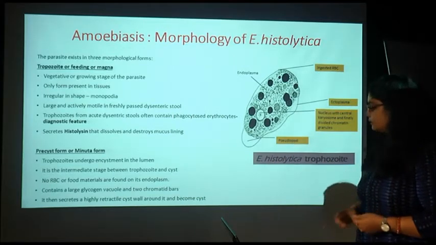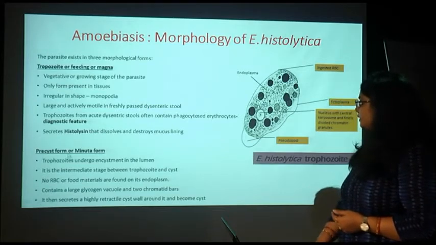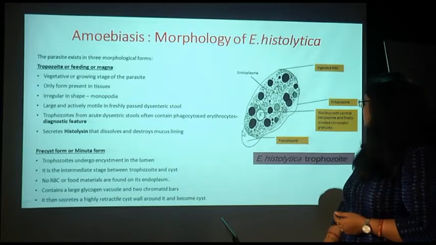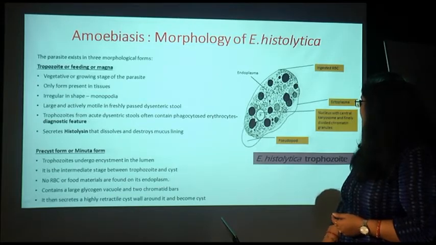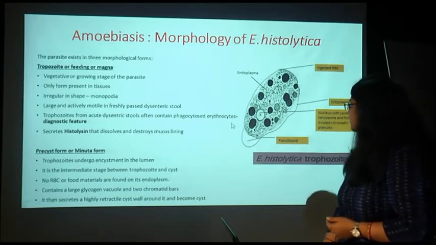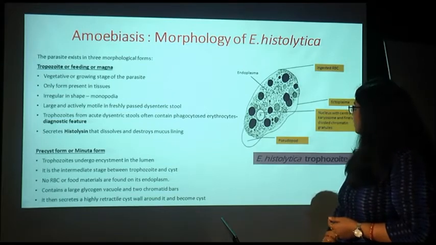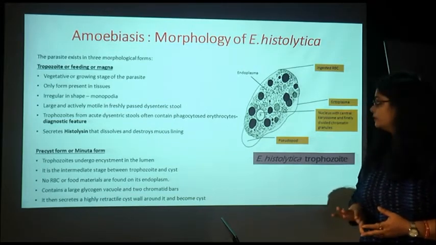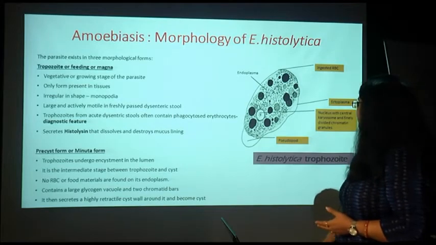One characteristic feature of the trophozoites is that they contain a lot of phagocytosed RBCs. It secretes histolysin that dissolves and destroys the mucous lining.